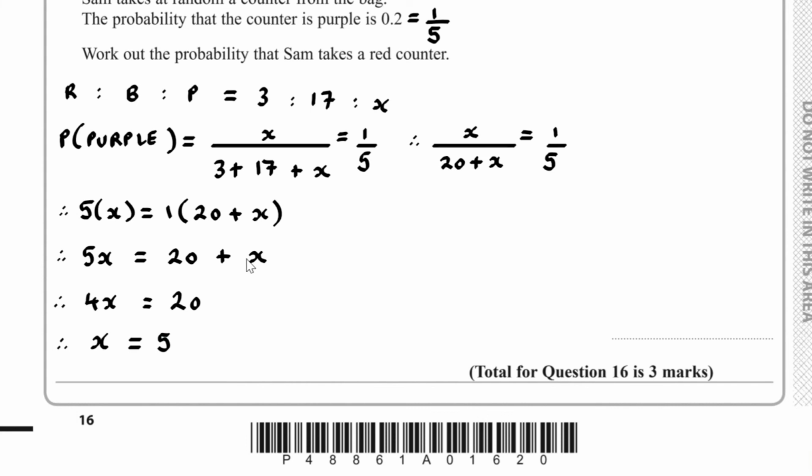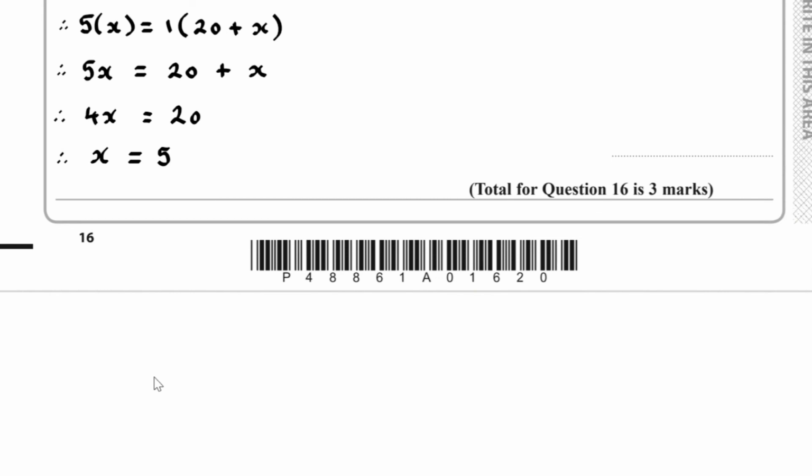So now that we know what X is, we can therefore find the ratio red to blue to purple. So we have the red counters to blue to purple, that's equal to 3 to 17 to 5.